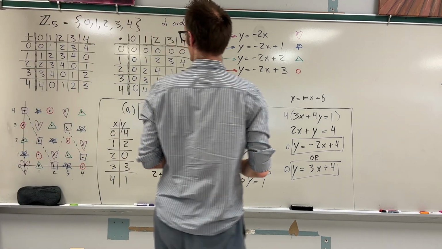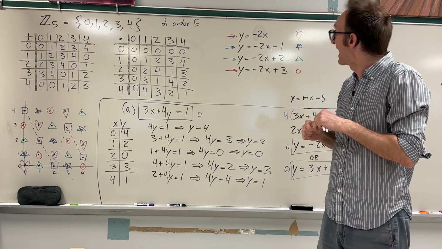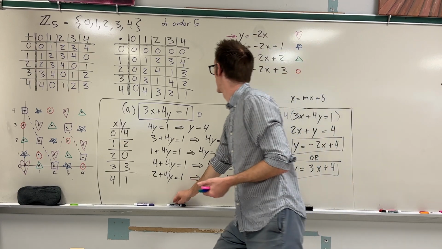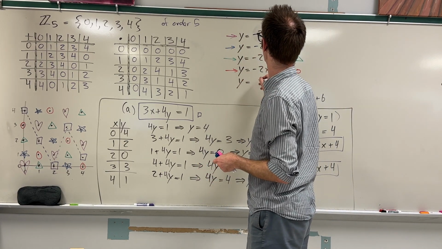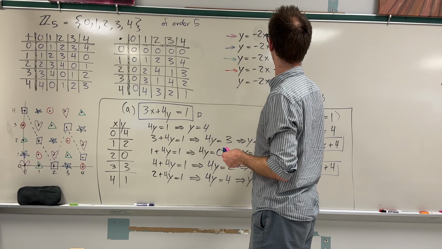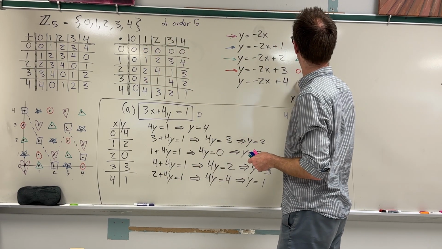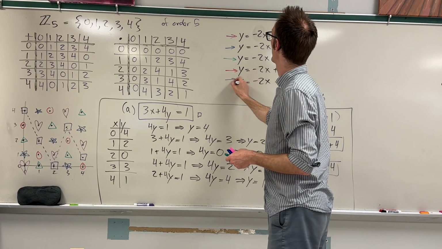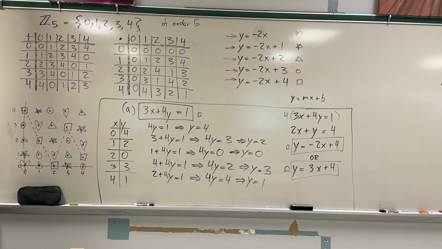Okay, so what do we have here? We have a set of 5 lines. There are the 4 mentioned here, and there's the one we already did in the warm-up, y equals negative 2x plus 4, which I did with a purple square. And these 5 lines together cut through the 25 points of this geometric model.